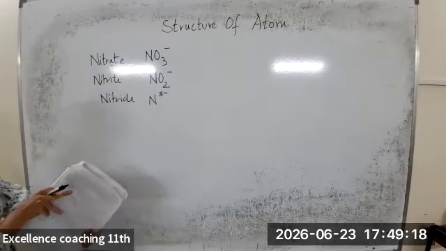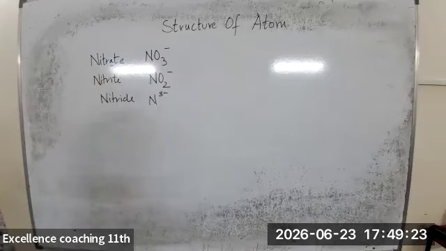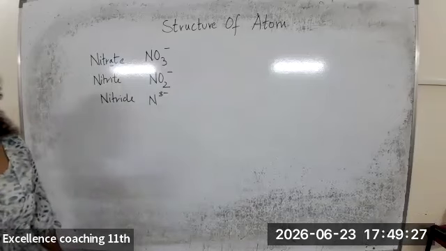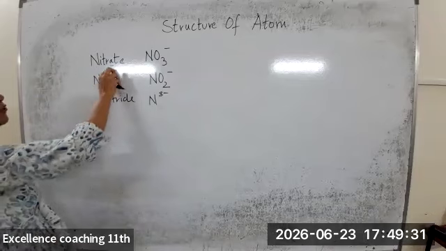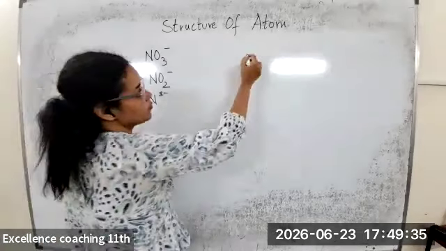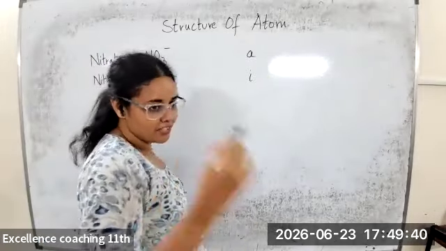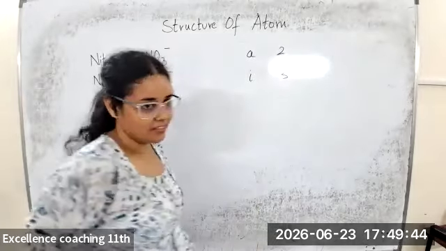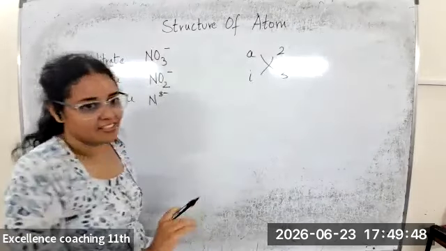So you can remember this: normally when we go alphabetical order, A comes first, I comes after. But if we consider the numbers, 2 comes first and then 3. Here it is the opposite.